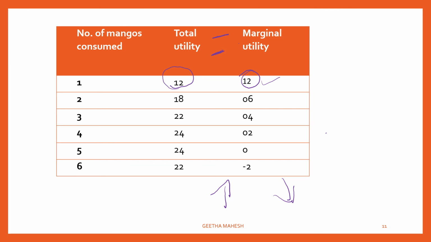As consumption of mangoes increases, total utility increases, but marginal utility decreases. When marginal utility is 0, total utility will be at its maximum. When marginal utility becomes negative, total utility starts decreasing.